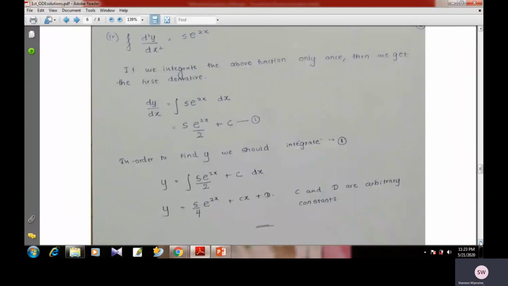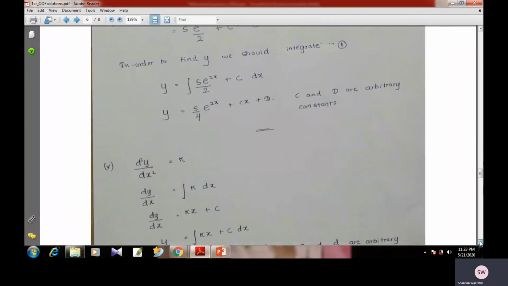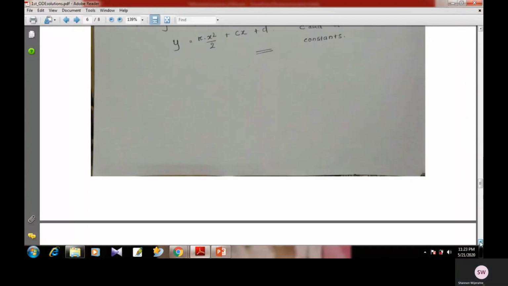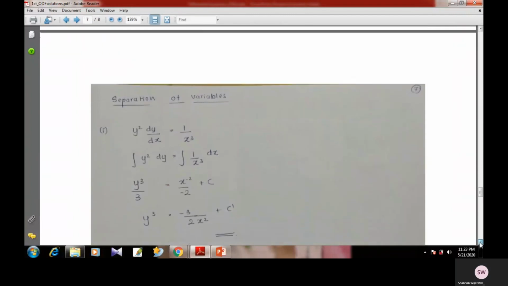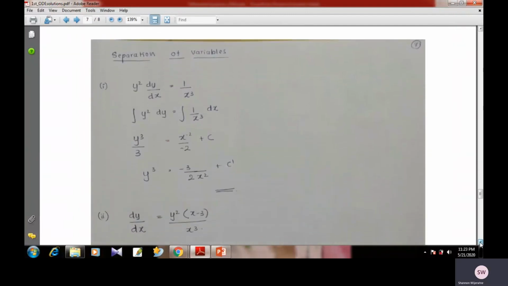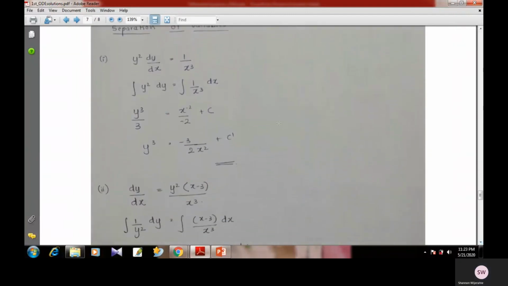So let's take a look at one or two examples of separation of variables. The first one: we have to integrate y squared on the left and 1 over x to the power 3 on the right, which is the function involving x.